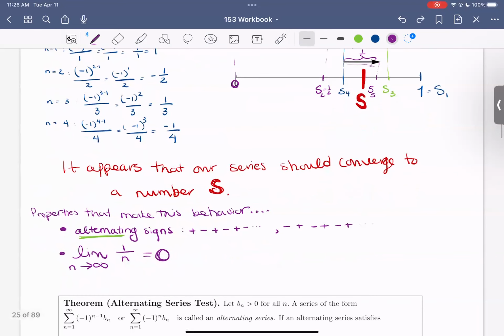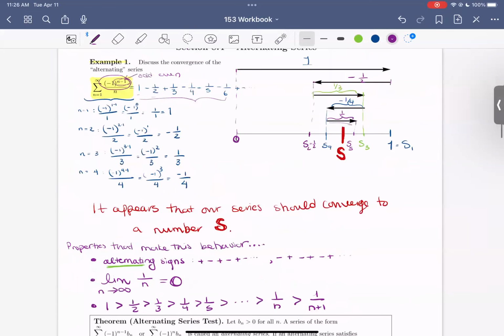Okay, then what's a final observation we can make? Well, one thing is if we just look at the terms, 1, 1/2, 1/3, 1/4, 1/5, so those absolute values of the terms, notice that we're getting smaller each time. So not only are they going to 0, but they're in fact always less than the previous term. So 1/n is going to be bigger than 1/(n+1).